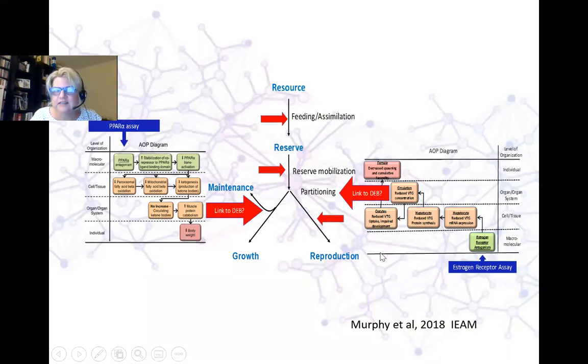And so like I said, as we get a hit on some of these receptors, we use the DEB to integrate it, right? To try to figure out how that one chemical or mixtures of PFAS act, because they don't occur in isolation, for sure.